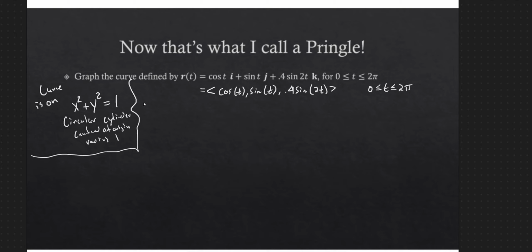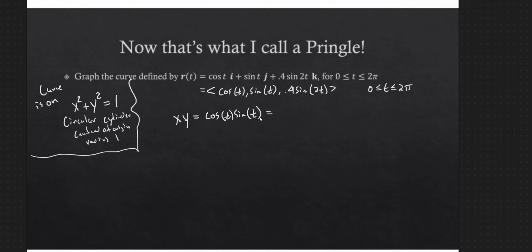Now, are there any other relationships we can pick out here? This is a tougher one to find. That's why I'm doing this example video. If I take the x component and y component and multiply these together, if you're really good with your trigonometric identities, you might recognize this one. Let me just see what happens if I multiply x and y. So x times y gives me cosine t times sine of t. And that has a relationship to sine of 2t.